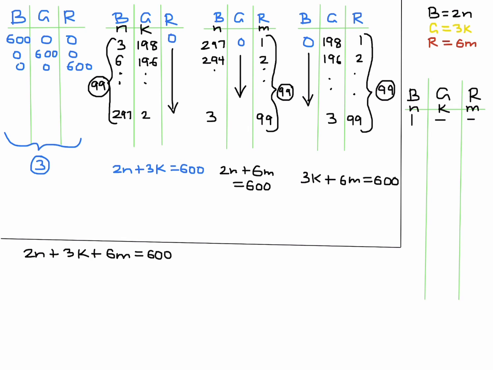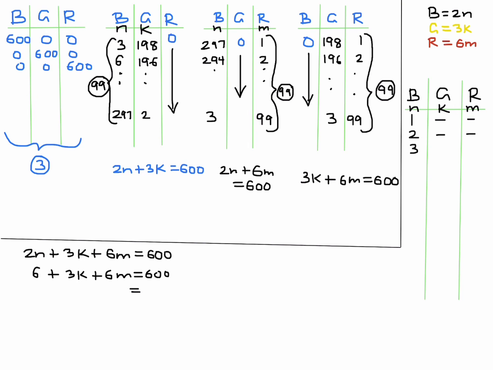All right, let's try n equals 2. Again, it doesn't give me solutions, but when I get n equal to 3, I start to get integer solutions. And that means I've got to take into consideration that now n is fixed as 3. So this becomes 6 plus 3k plus 6m is equal to 600.